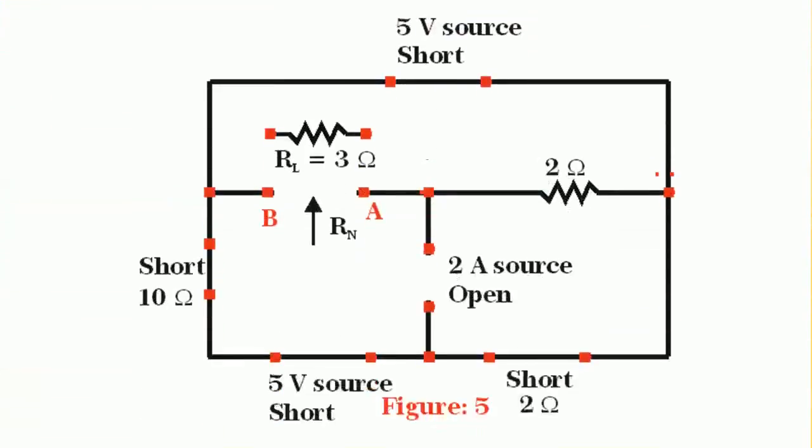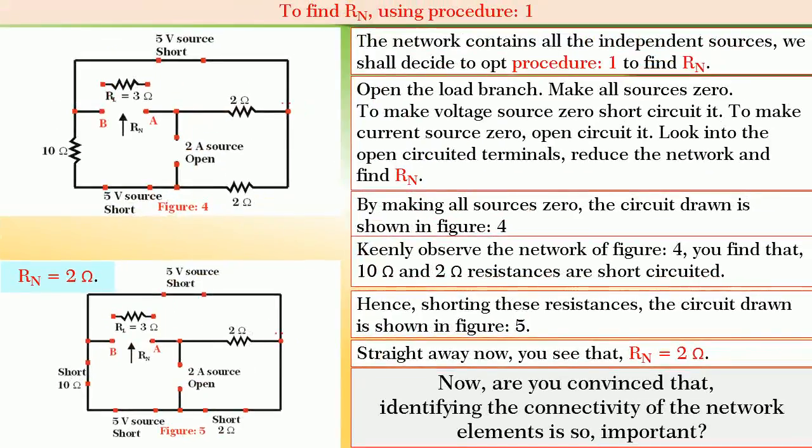Hence, by shorting these resistances, the circuit drawn is shown in figure 5, and if you observe, you will be surprised to see that straight away we get the Norton's resistance Rn equal to 2 ohm. Friends, now are you convinced that identifying the connectivity of the network elements in a network is so important?